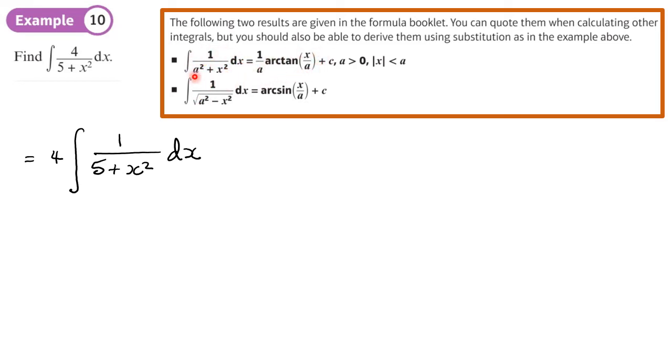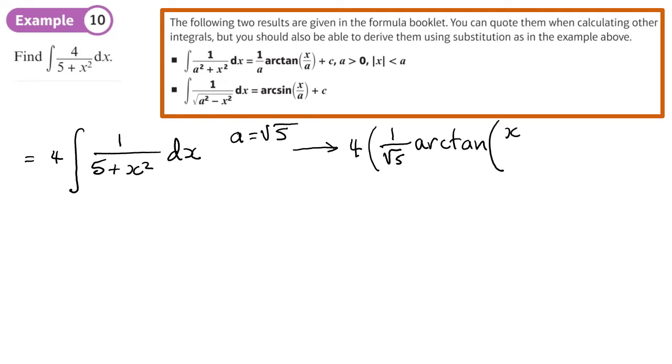If we make a, this needs to be something squared, so a needs to be square root 5, so a equals square root 5, and then without further proof we can just write down our result is going to be 4 times 1 over a, which is square root 5, times arctan x over a, so that's x over square root 5 plus c.